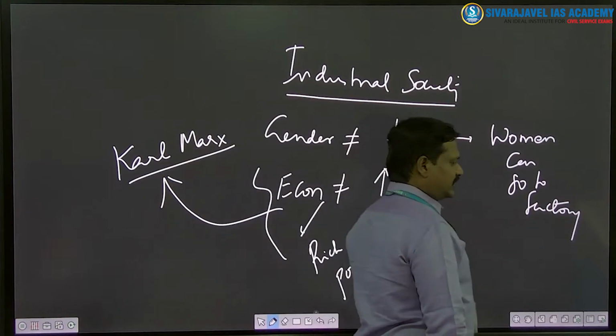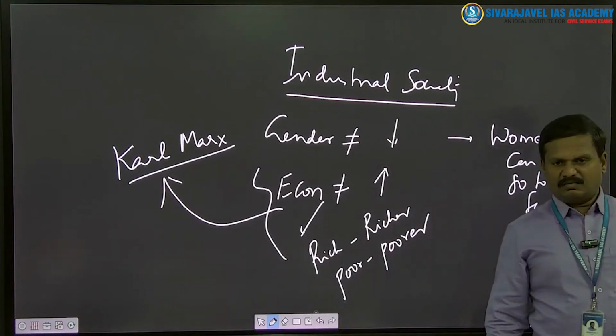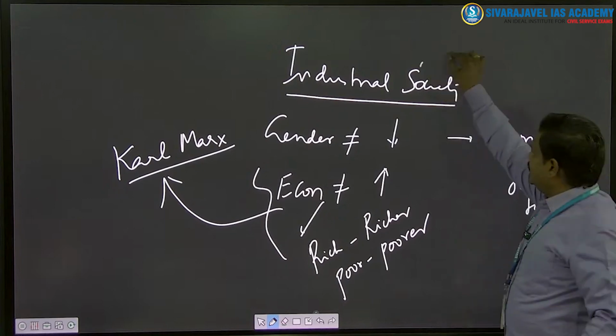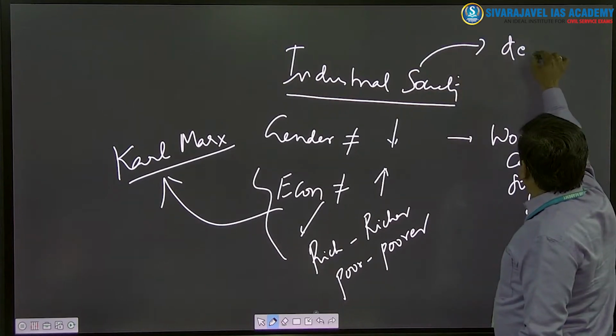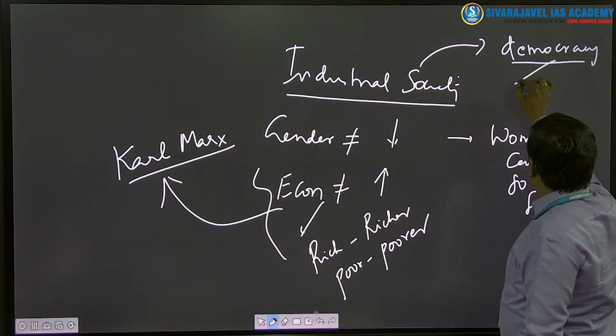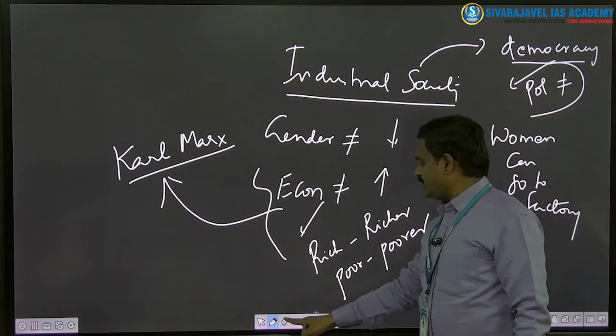So in this society, political inequality may not be there, or there will be no big political inequality. In industrial society, democracy will come, and democracy relies on political equality.